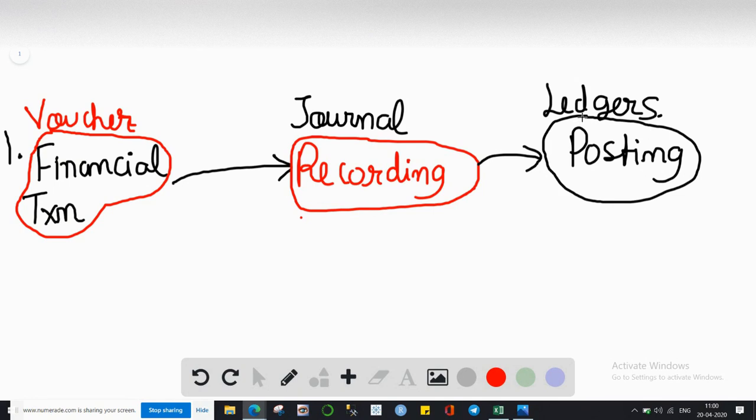Okay, now what happens in the ledgers? Let's say suppose we have 100 financial transactions. These will be recorded in the journal, 100 transactions. Followed by that, we will post those 100 financial transactions to ledgers.